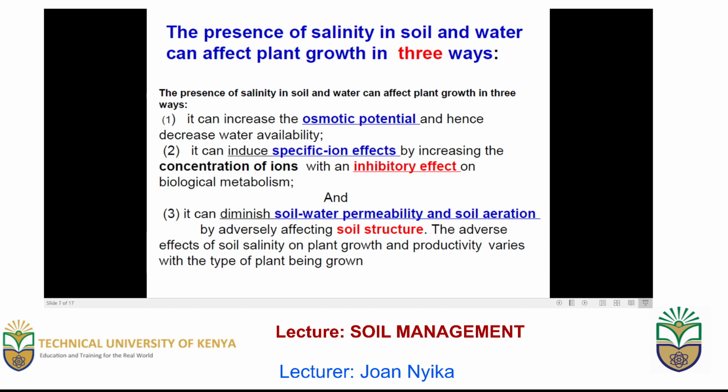That is, it increases the concentrations of some of the ions. Though they are important, they result in high concentrations, which can have an inhibitory or toxic effect on biological metabolism in plants. Number three, it can diminish soil water permeability and soil aeration, and this has serious effects on the soil structure. And once the soil structure is affected, so is the plant growth.